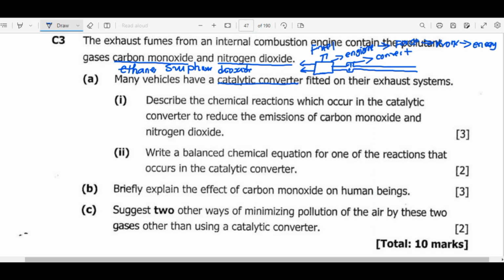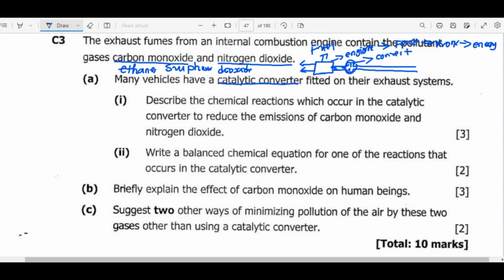Question A: describe the chemical reactions which occur in the catalytic converter to reduce the emission of carbon monoxide and nitrogen dioxide. So what happens is during combustion, the engine will produce gases such as carbon monoxide and nitrogen dioxide. Now when these gases are passing through this tube, they have to pass through the converter before being expelled.